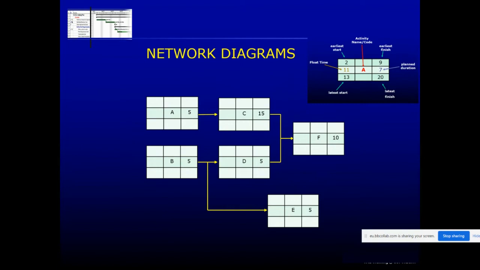We haven't yet done any critical path analysis. That is simply the network diagram for this project. Okay, it visually shows you the sequence of activities. It doesn't yet tell us how long the project is going to take.